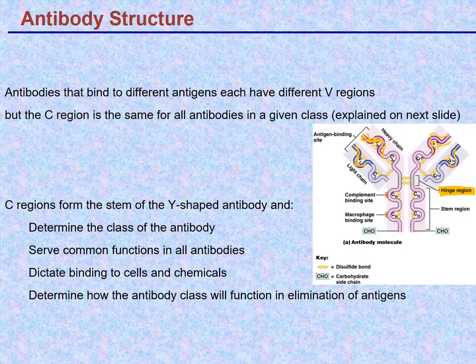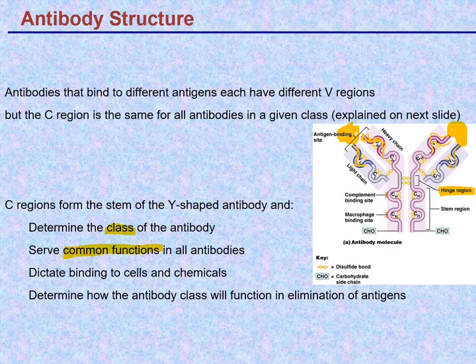The rest of it, the constant areas, determine the class of the antibody. Antibody molecules are separated into different major classes, and they have common functions. There's one major class called IgG, and all IgG antibody molecules, doesn't matter which clone produced it, have certain common functions that they can mediate if they bind up here to their specific target.